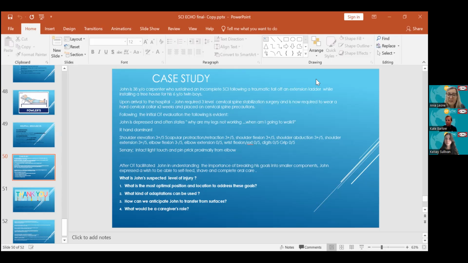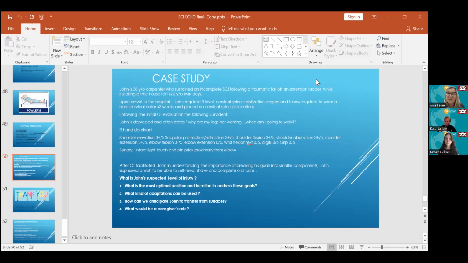What do you think is John's suspected level of injury? What is the most optimal position and location to address his goals? So we're thinking here, would you want them in bed, in chair, on edge of bed? Just think about along those lines, how you feel this patient would be sitting, what would be that in a suspected sitting balance, trunk control?